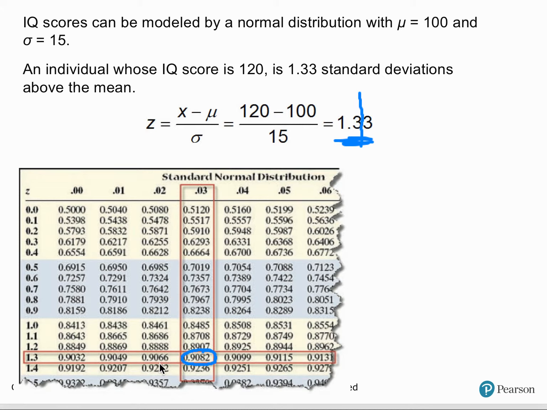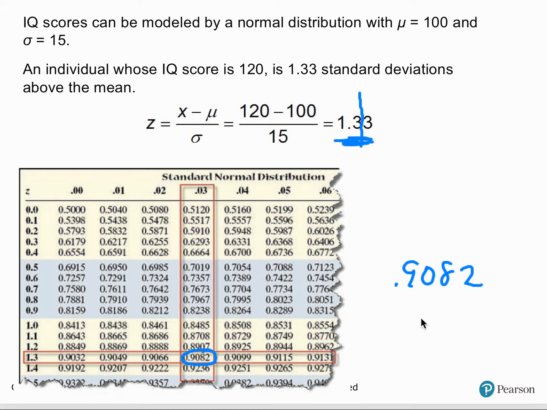It's as simple as that. Now we know that the probability of a person having an IQ of 120 is 0.9082.